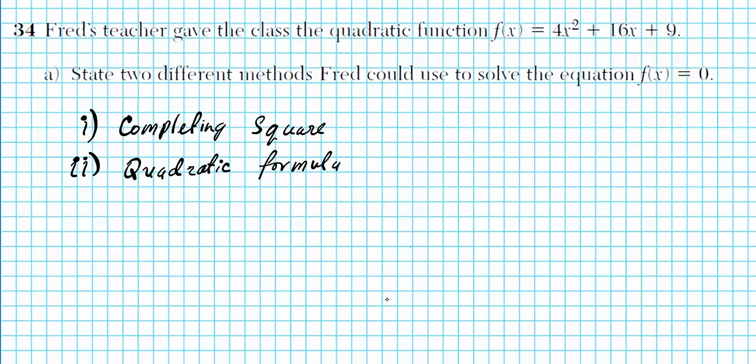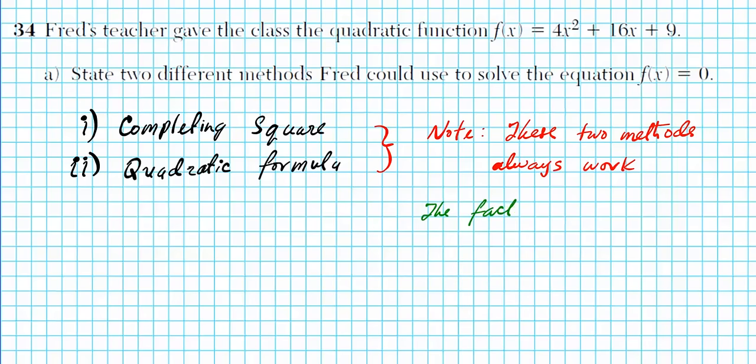Okay, so one thing you want to note is that these two methods always work when you're solving quadratics. You can use factoring if b squared minus 4ac, the discriminant, is a positive perfect square. Okay, let's write that down. Factoring is just a side note.